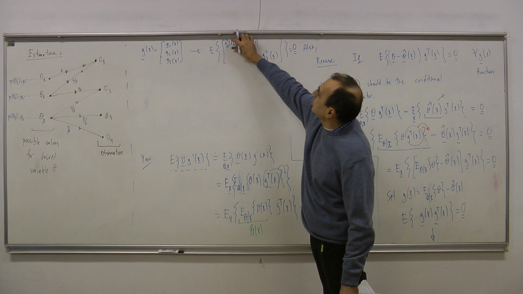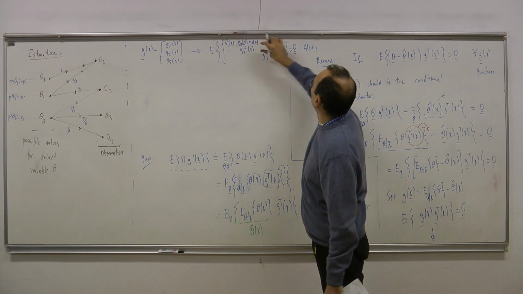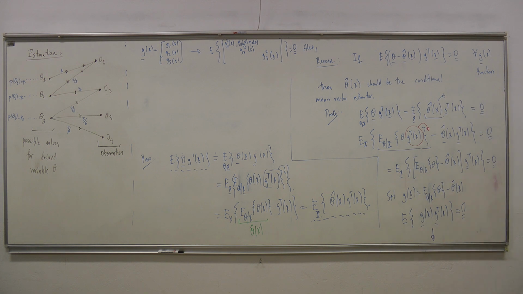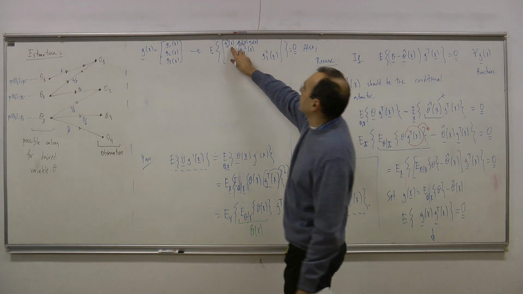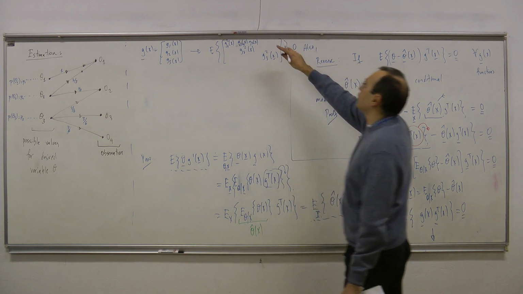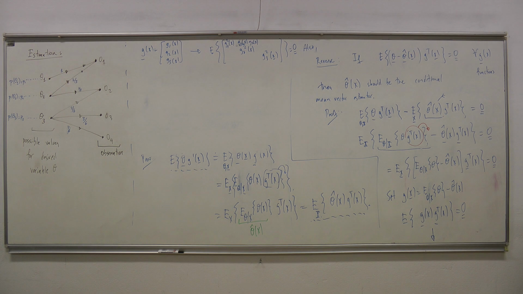Why? Because this is always non-negative. If you take the square of something, you get non-negative values. If this non-negative value is equal to 0, then that function G1 of x should be equal to 0.